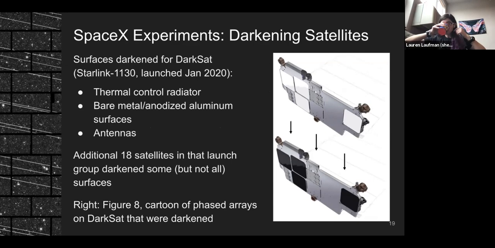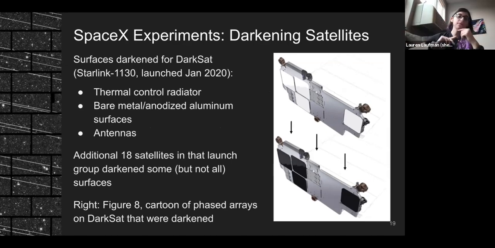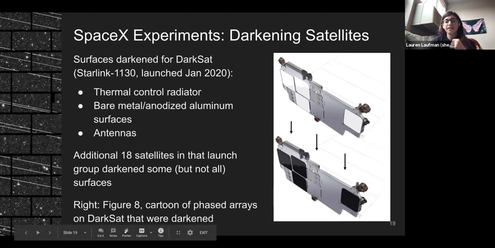And there were an additional 18 satellites in that launch group where they darkened some of the surfaces, but not all. So they were kind of not quite Darksat, but not quite original. And right here on the right is a figure of the phased arrays that were darkened.